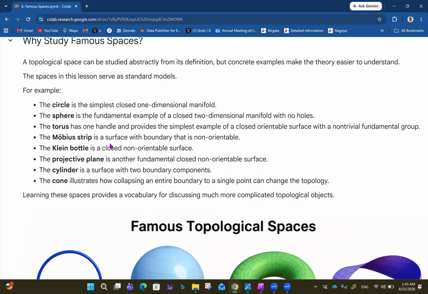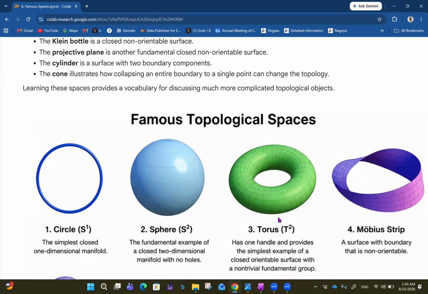Then you have the torus, which has one handle and provides the simplest example of a closed orientable surface with a non-trivial fundamental group. So you have the torus here. It's more like a sphere with a hole in it, a sphere that is punctured and then taped inside, something like that.